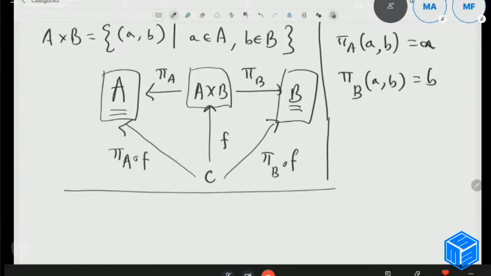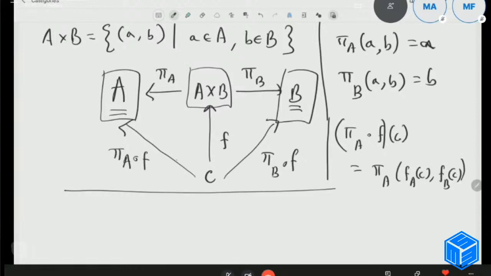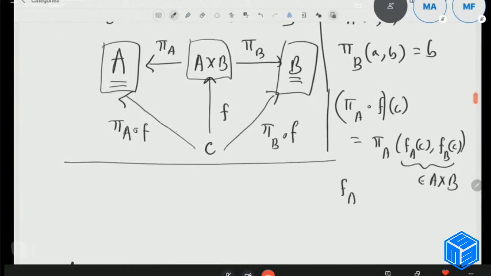So what do these maps do? Pi of A composed with F of C gives me some map, FA of C, and then FB of C. So it takes C to an element in A cross B, and then pi of A just sends it down to FA of C. I hope you all see that.